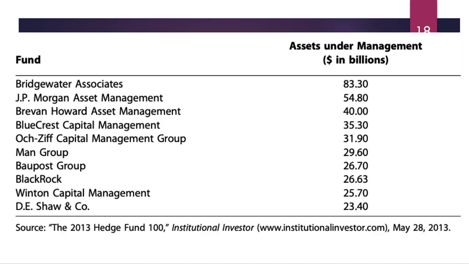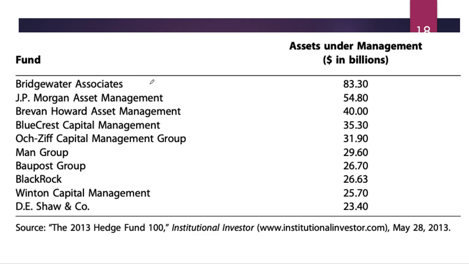Here is a table that shows us basically the funds and assets under management by these different funds in billions of US dollars. So we can see that, for example, Bridgewater Associates. The founder of Bridgewater is Ray Dalio.